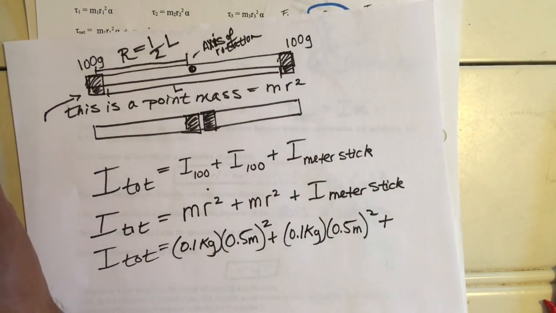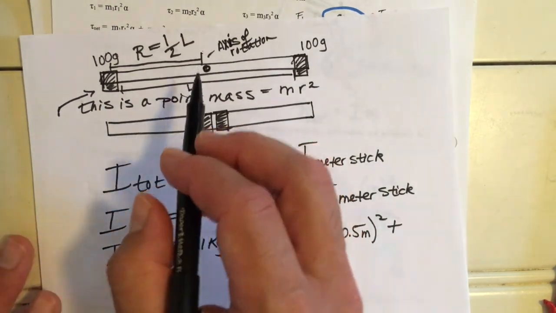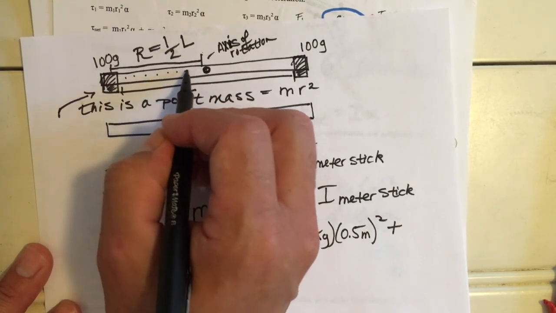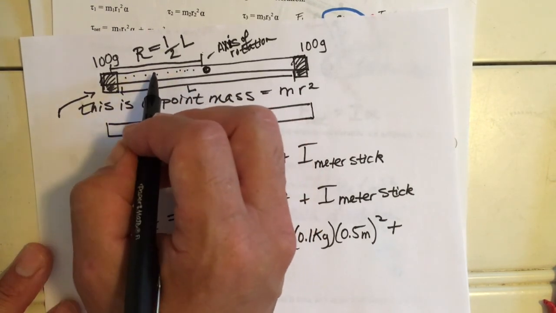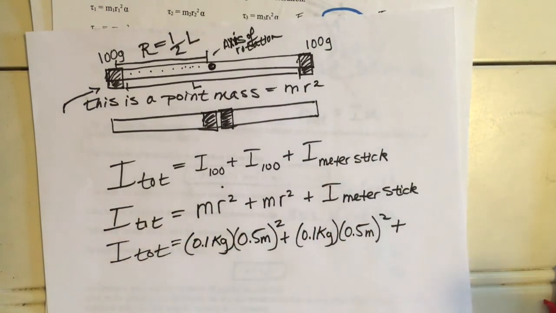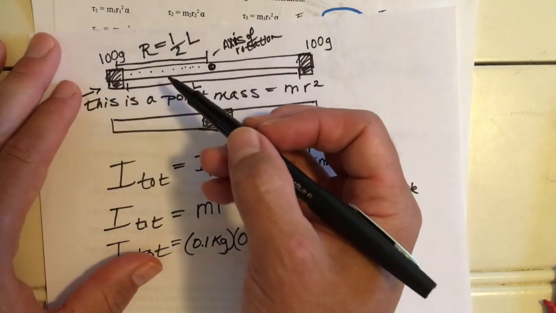That wouldn't work, right? So what we have to realize here is the meter stick has mass here and here and here and here, and you might say it has an infinite number of points. How do we deal with an infinite number of points that all have a moment of inertia of mr squared?